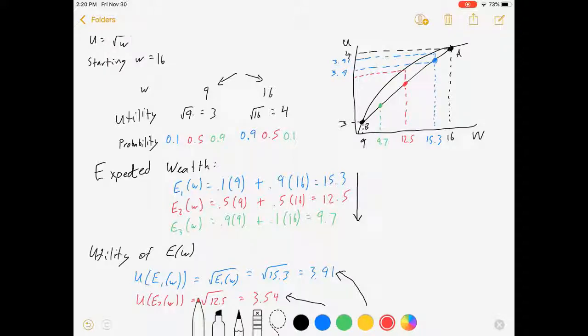Likewise, my utility at 12.5 is 3.54, which is higher than my expected utility of 3.5. And my utility at 9.7 is higher than 3.11, higher than my expected utility, or my utility of the expected value at 3.1.